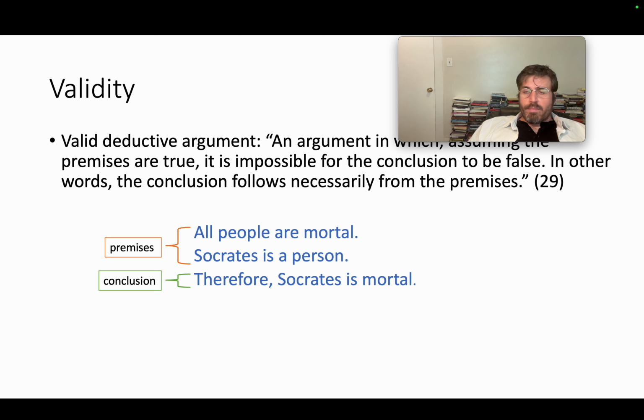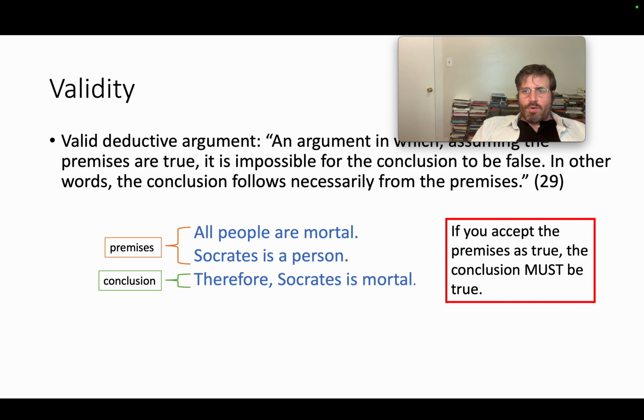It is giving us information that is already buried within the premises, as it were. So if you accept the premises as true, the conclusion must be true. This is a classic example of a valid deductive argument. It is impossible for that conclusion to be false if we accept premise 1 is true and we accept that premise 2 is true as well.